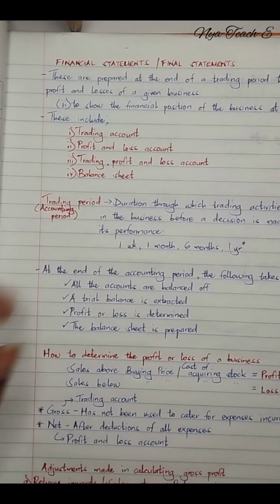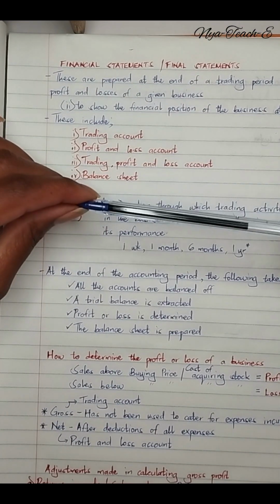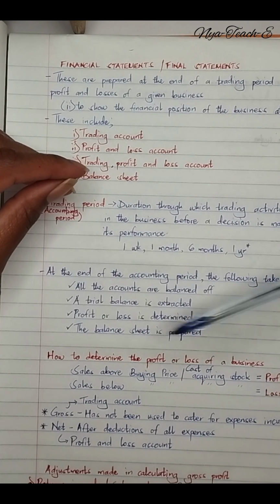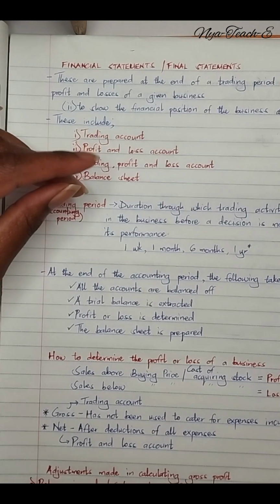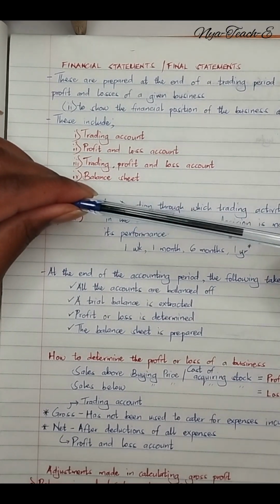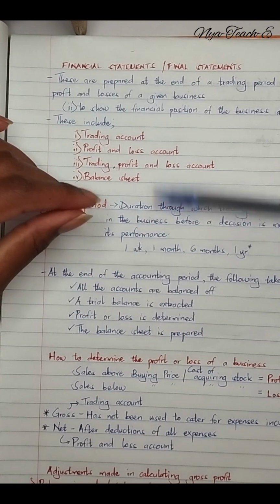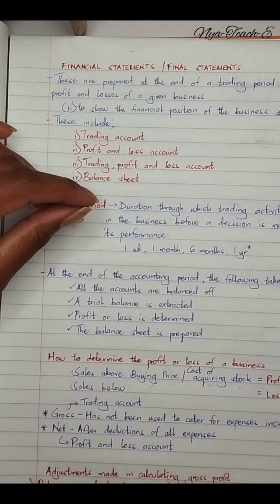So how do you determine the profit or loss of a business? When you sell above the buying price of a good, we say you have made profit. If you sell goods or a particular good at a lower price than what you acquired it, we say you have made a loss. So if you sell above the buying price, you have made profit.